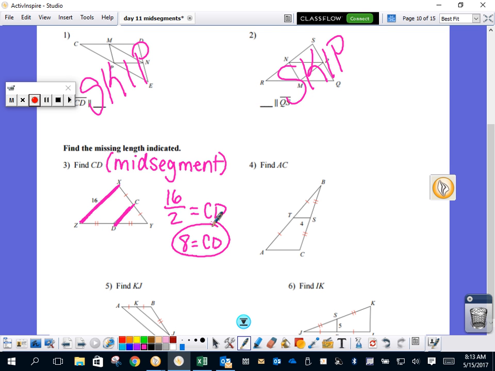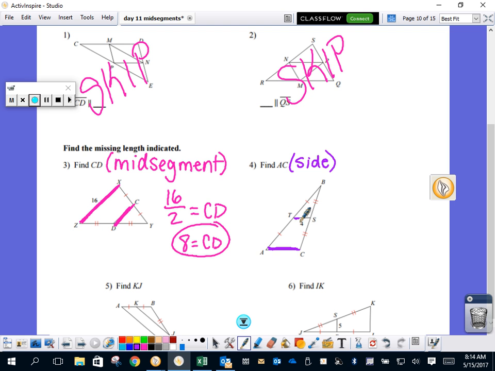Okay? What about AC? Is AC a midsegment or a side of a triangle? Okay. What's the midsegment that it goes with?